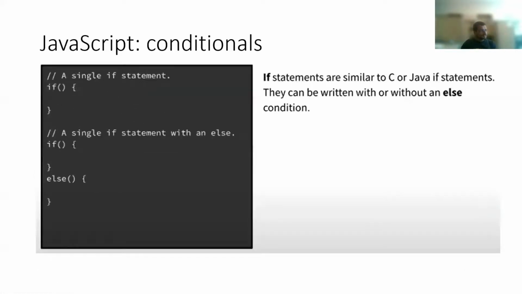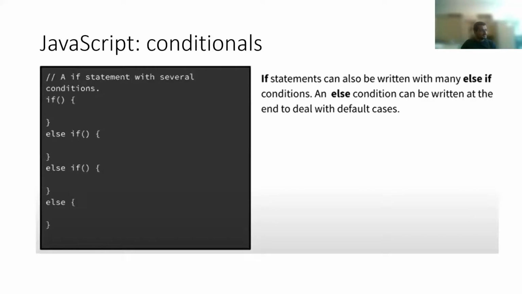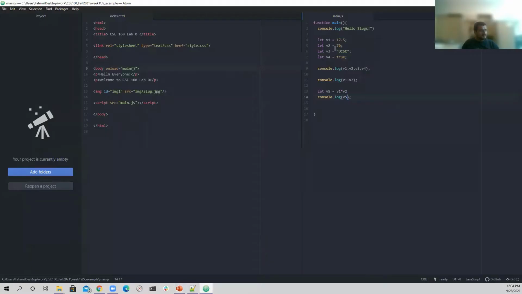You can use conditionals like if else. You can use multiple if else, right? For example, we can maybe try to detect if some number is odd or even, right? So let's try this. You can try with v1 or v2. Let's go with v2.